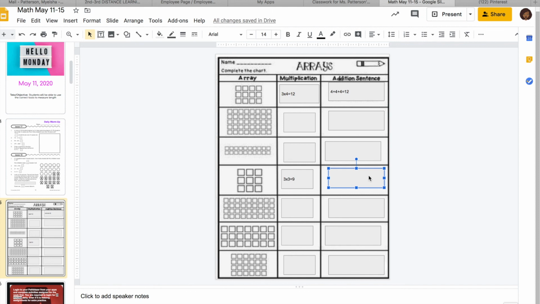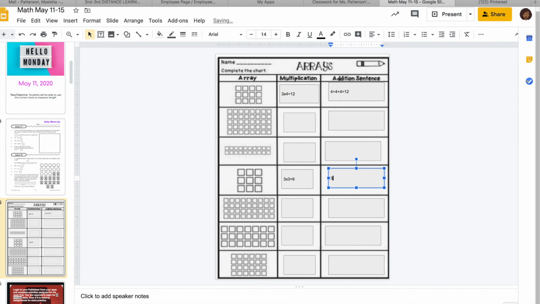If I come over here and I want to write my addition problem, then I would start. How many do I have in each row? Now, when we did our multiplication, we just counted the whole row. When we're doing our addition, we want to count individually. So you have 1, 2, 3.